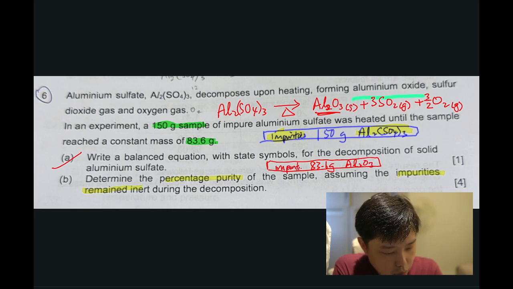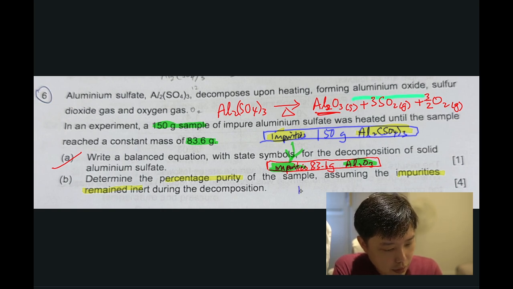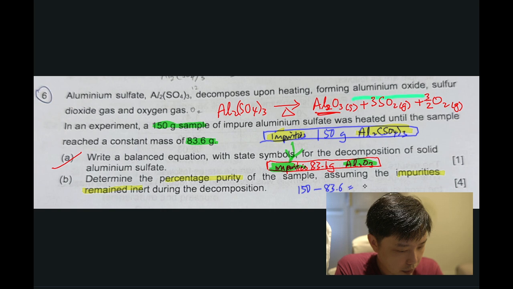Because we do not know how much is the impurities, we cannot conclude what is the mass of aluminium oxide, because the impurities are still present. They are leftovers from the heating. So what we can do is take 150 minus 83.6, which will give you about 64.4 grams.